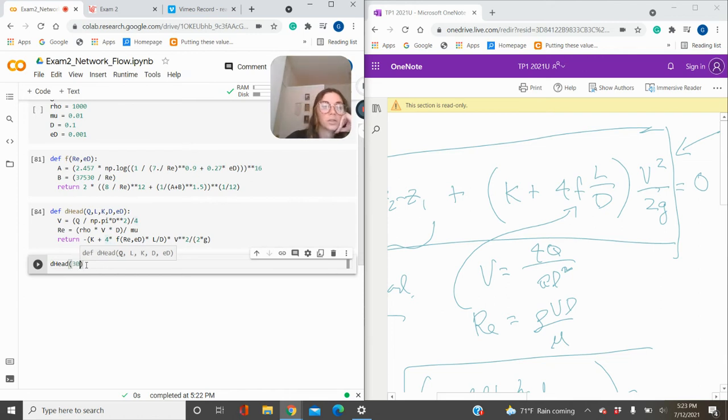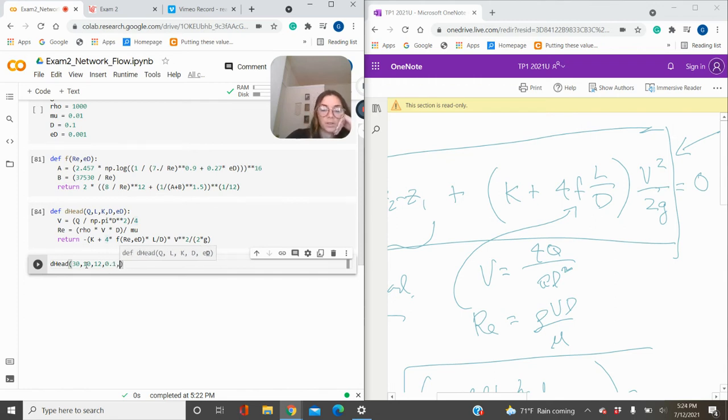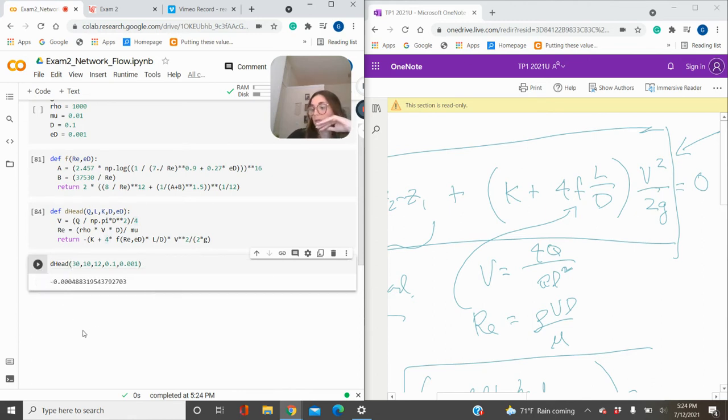So I'm just going to say 30, 10, 12, and then we know 0.1, and that's 0.001. Let's see if this runs. All right, so that looks good.